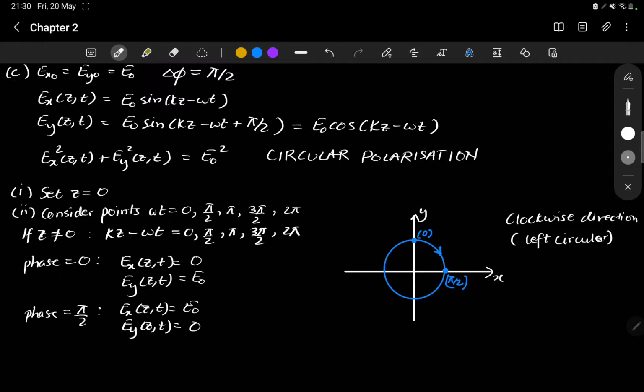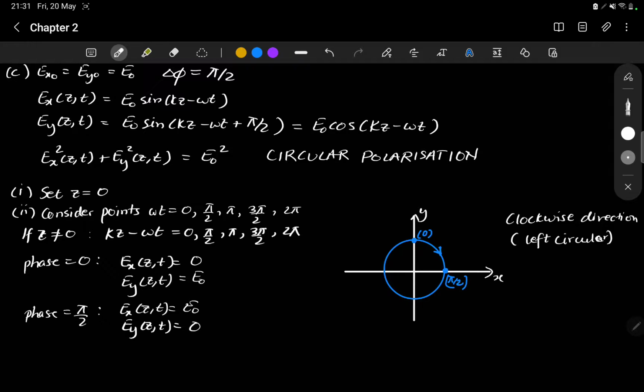This is because if you keep your thumb facing out of the paper, or out of the screen, then if you let your fingers curl along the direction in which the electric field is rotating, then if for the left hand the thumb comes out, it is left circular.